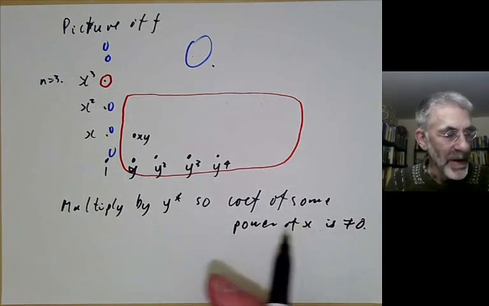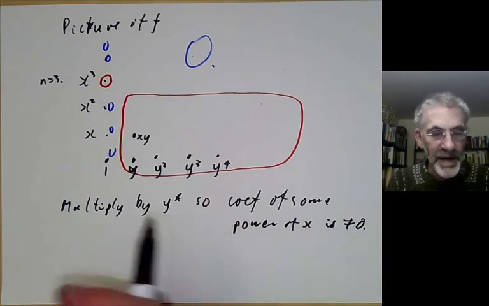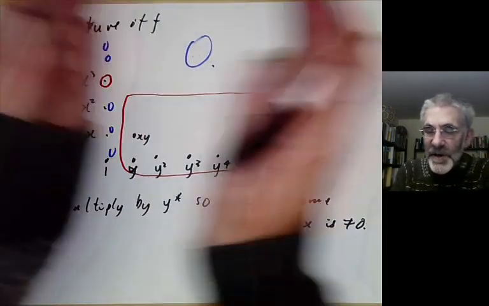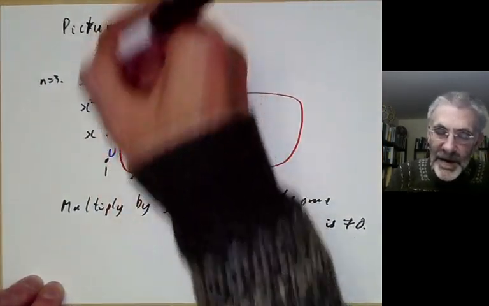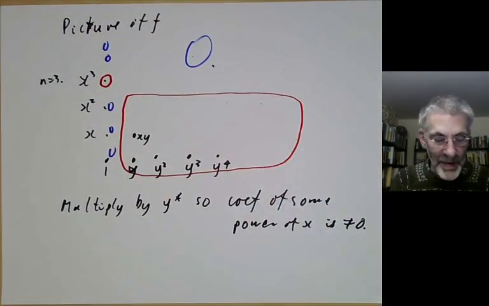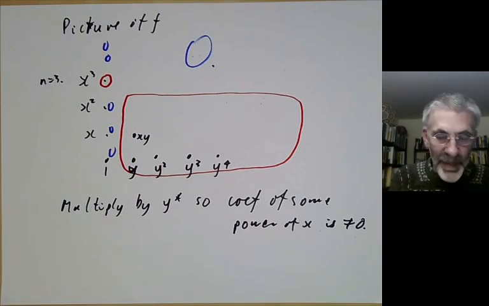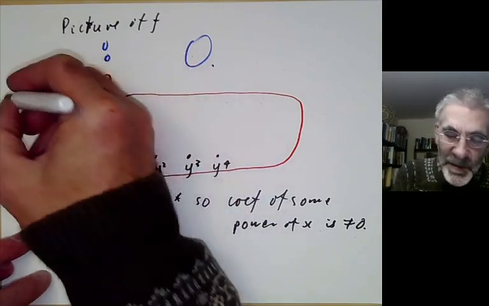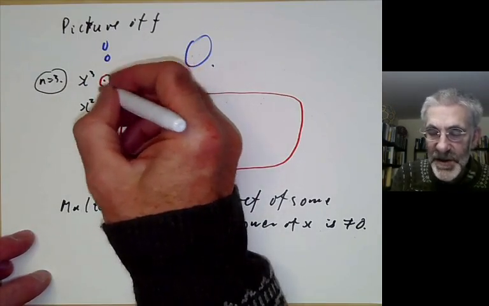So this is where this easily forgettable power of y comes in. We need to start by shifting f so that something in this top left bit is non-zero. And then we're going to pick n to be the smallest power of x whose coefficient is non-zero.